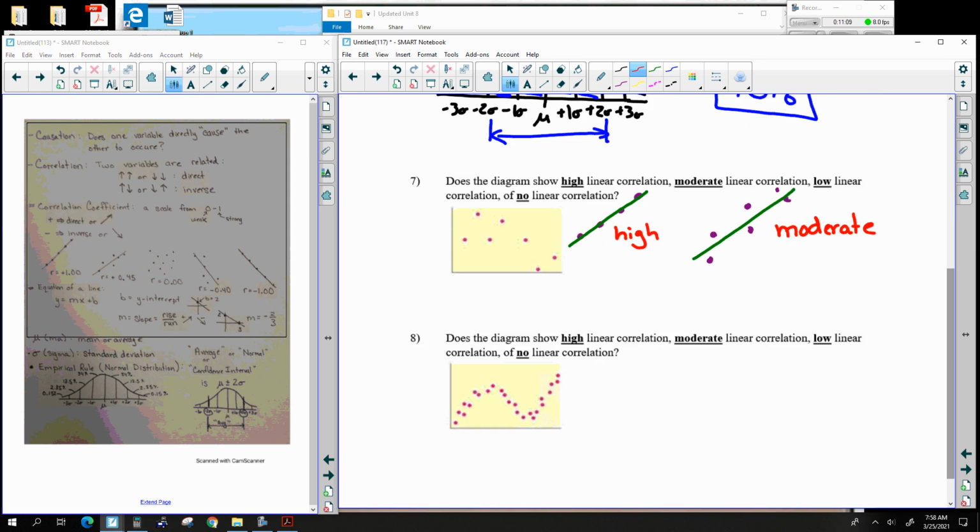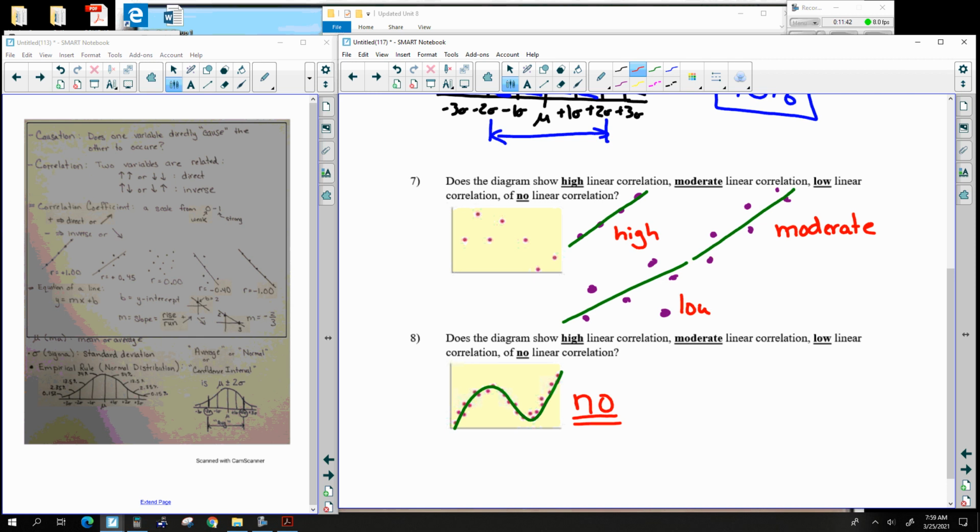Okay, note this has to be a line too. Because looking at this next one, this is not a line. So this next one, same question, spoiler alert, is going to be no, because it's not technically a line. All right, so low would be, yeah, you can maybe make a line out of it, but the dots are so far from the actual line that it's kind of silly.